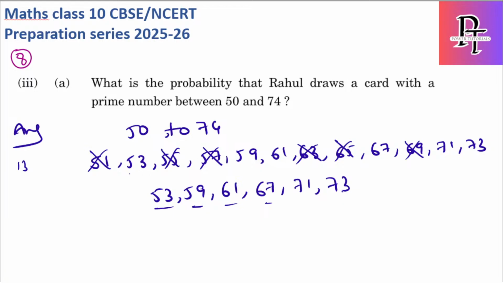What about 73? 3, 4, 5, 6, 7, 8, 9, 10, 11? This also is not divisible by any number, so all these are prime numbers.